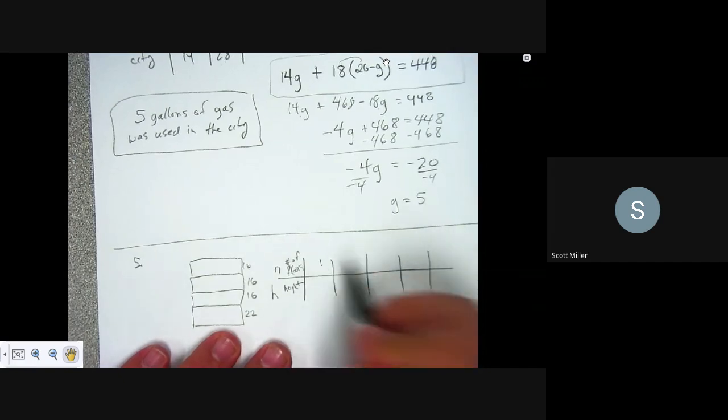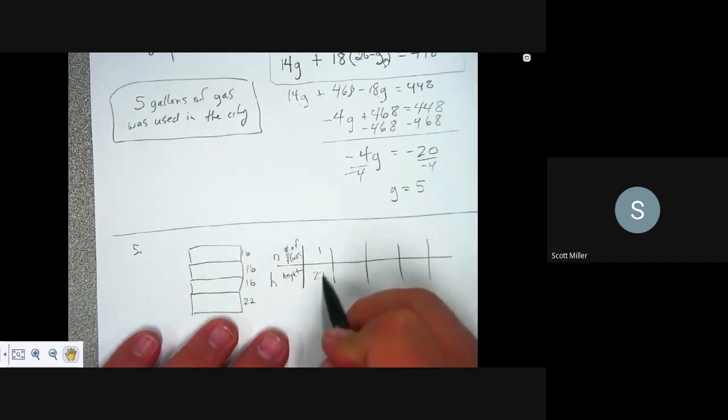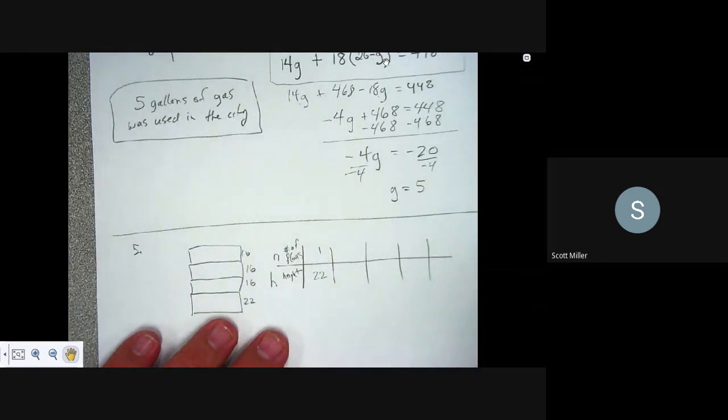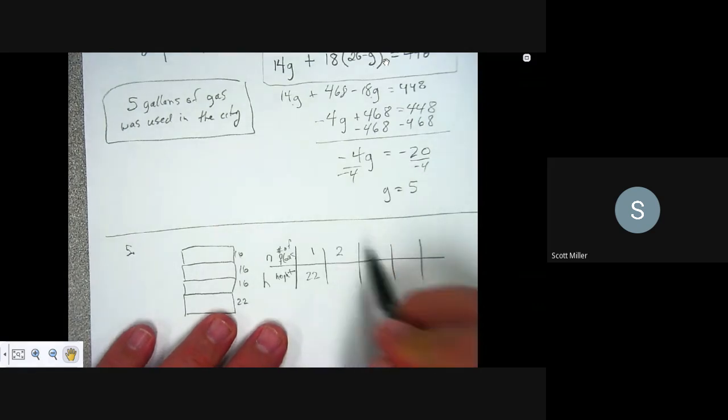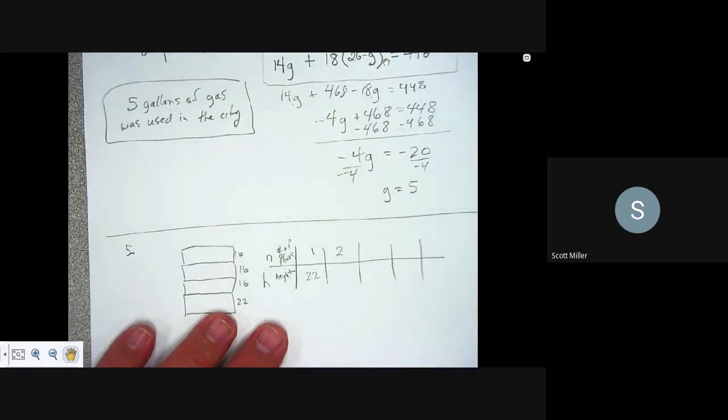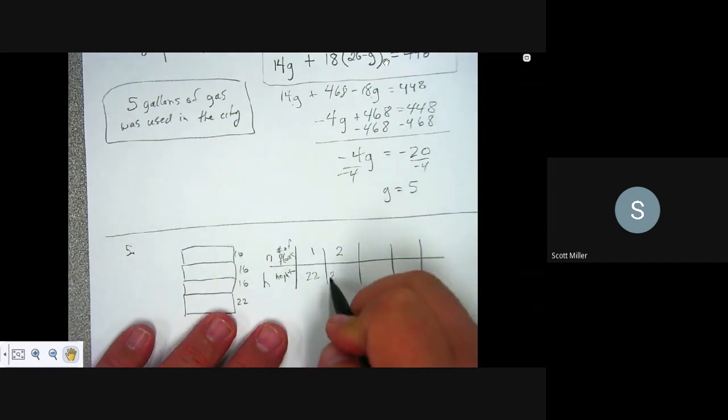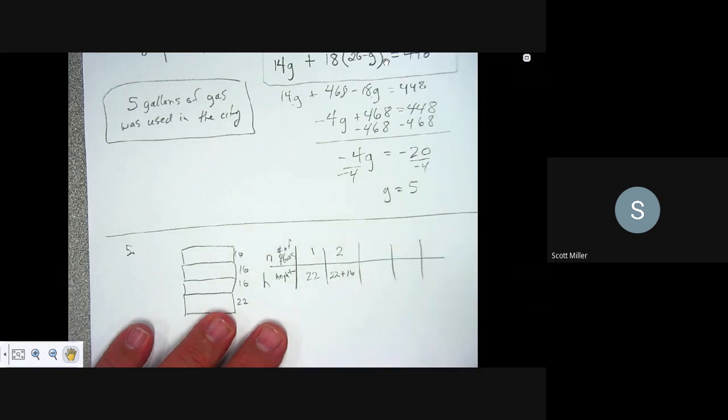If I have one floor in this building, it is 22 feet tall. But it said the first floor was 22. If I have 2 floors on the building, then it is, now look how I do this. I don't really care what the actual number is. I want to see how I get the number. The first floor plus the 16.